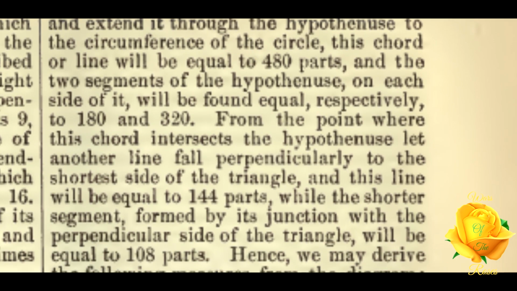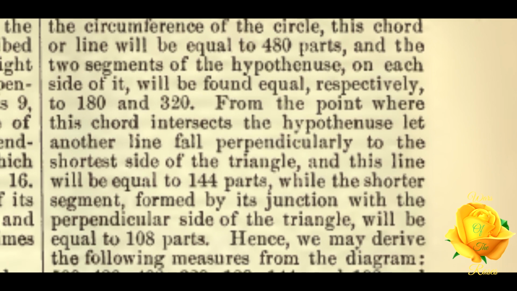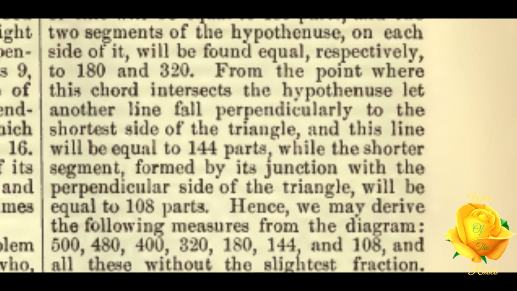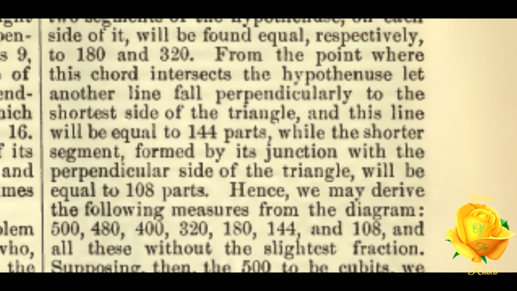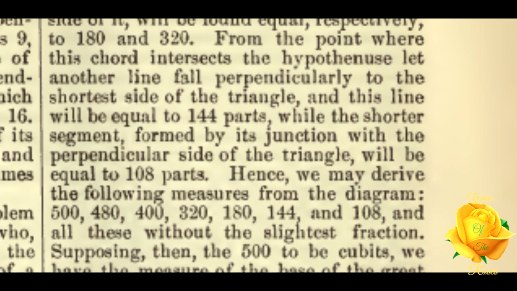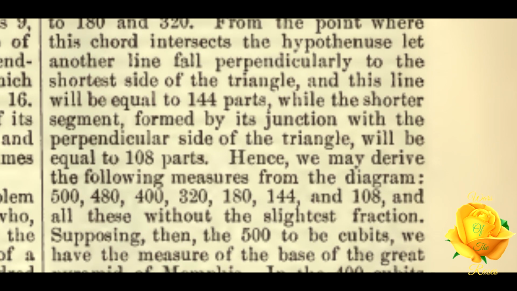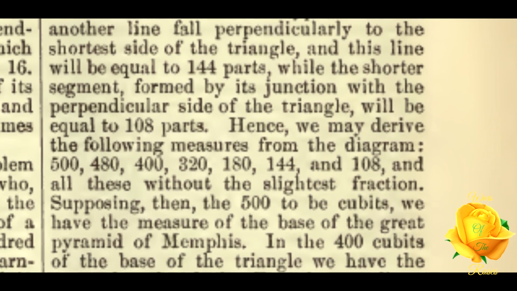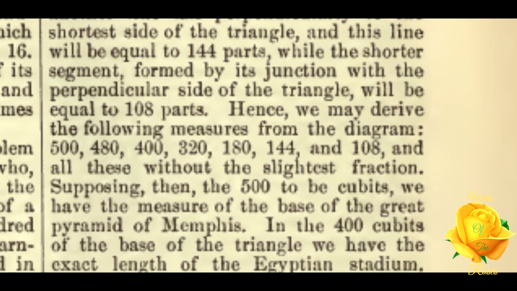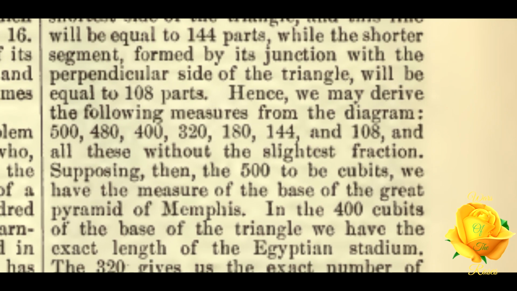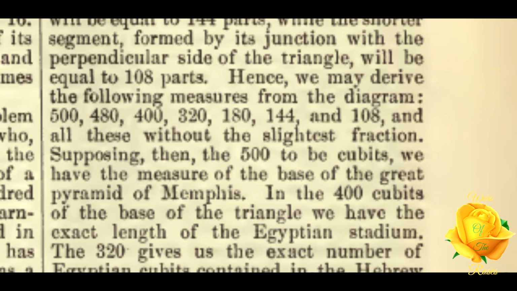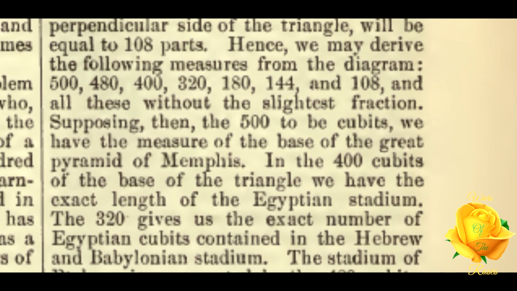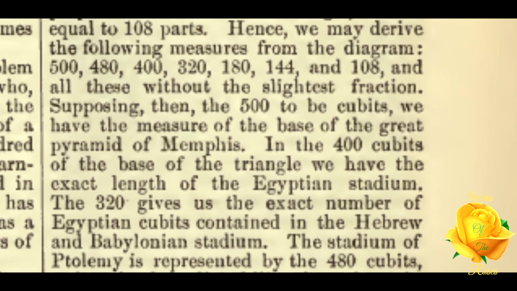From the point where this chord intersects the hypotenuse, let another line fall perpendicularly to the shortest side of the triangle, and this line will be equal to 144 parts, while the shorter segment formed by its conjunction with the perpendicular side of the triangle will be equal to 108 parts. Hence we may derive the following measures from the diagram: 500, 480, 400, 320, 180, 144, and 108. And all these without the slightest fraction.